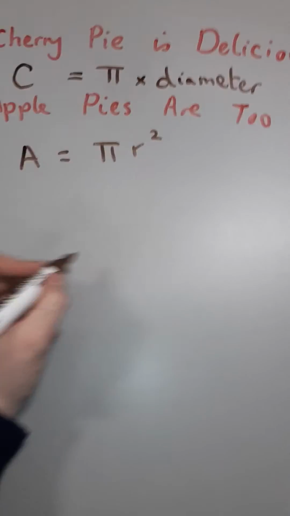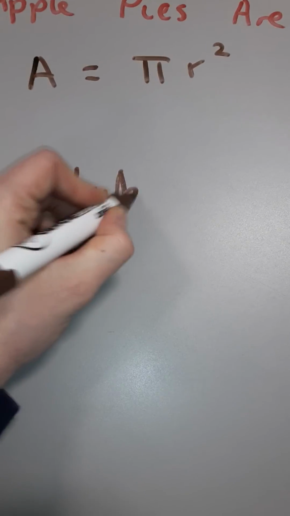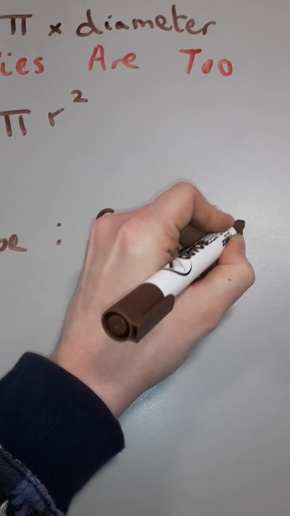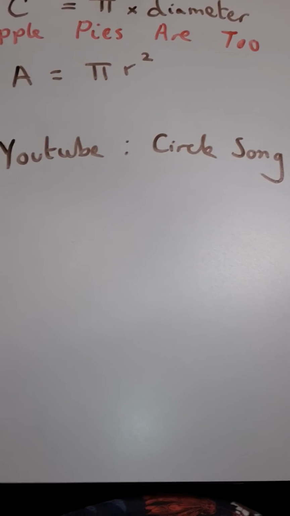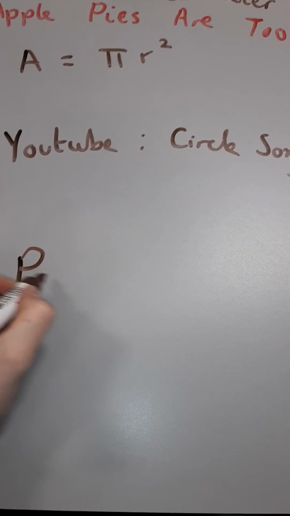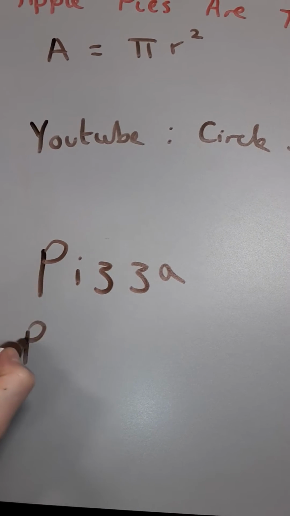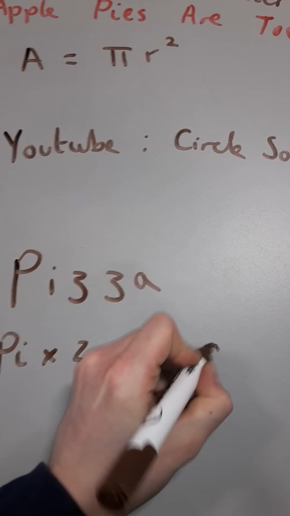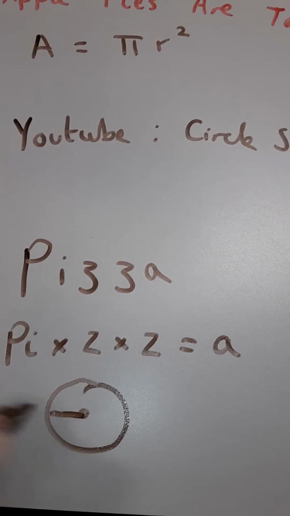The other thing you can do is YouTube the circle song and listen to it until you learn the chorus off by heart. I have actually added the circle song into the playlist on circles to help you. The other way you can remember it is to learn the word pizza, because pi times z times z equals area, and what the z represents is your radius.